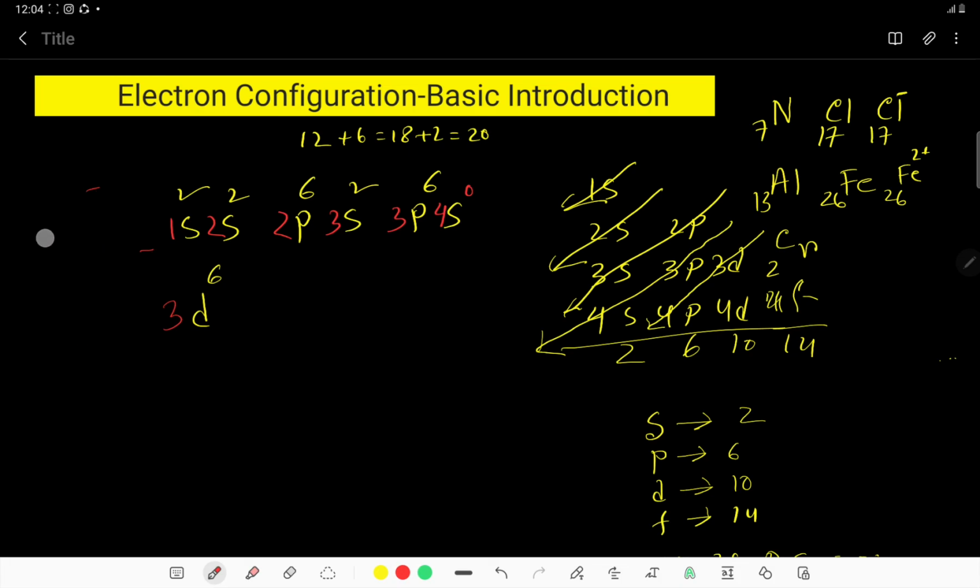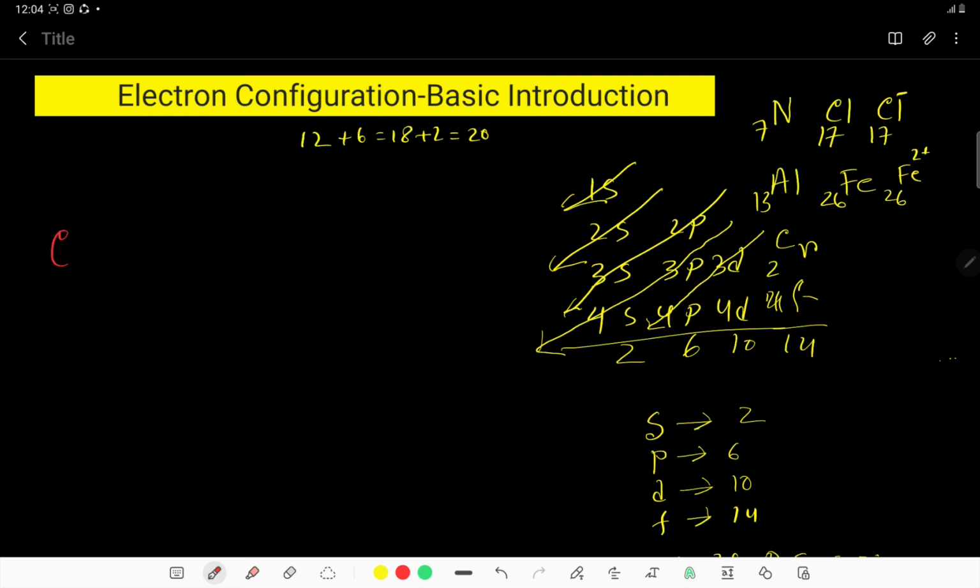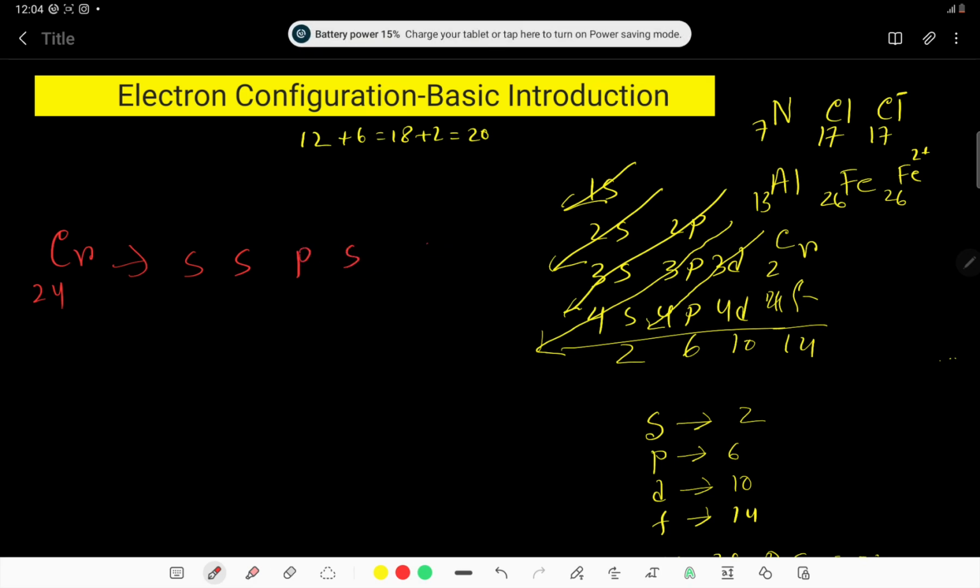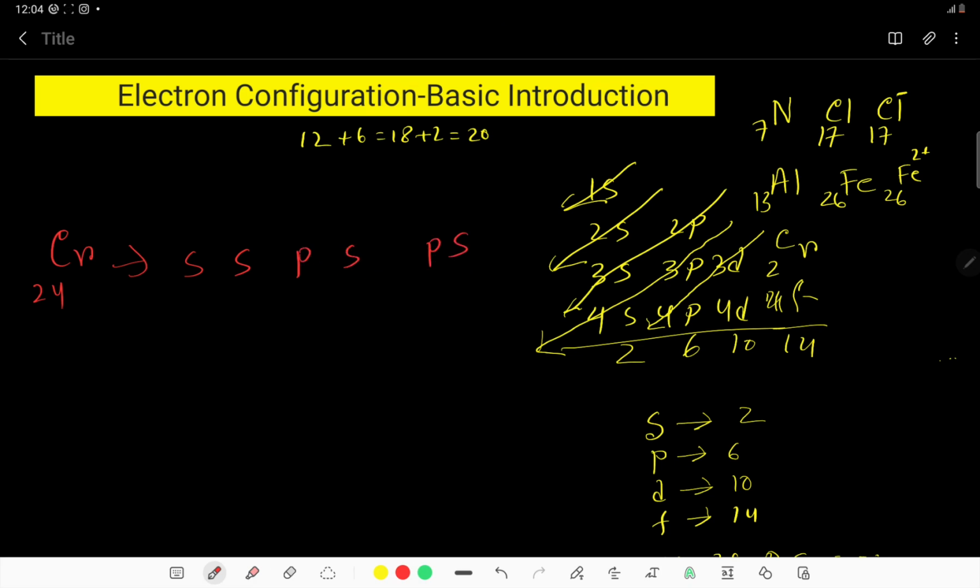Talk about the electron configuration of chromium, 24. Actually chromium shows something different, right? Look, we'll write this sequence ss, ps, ps. Okay, look, ss, ps, ps, dps, dps, right?